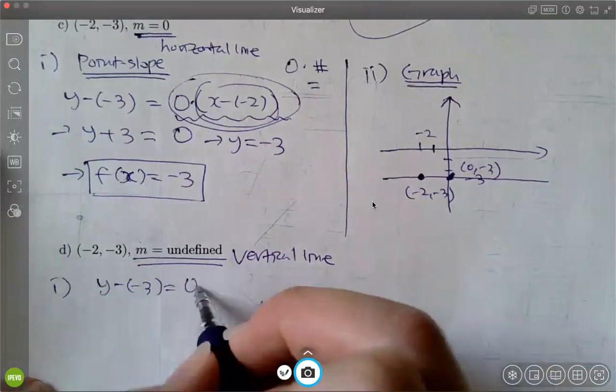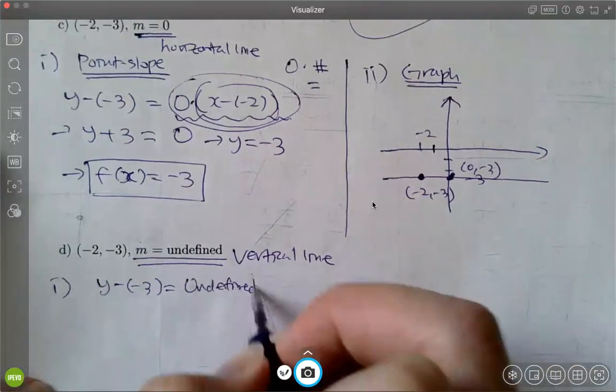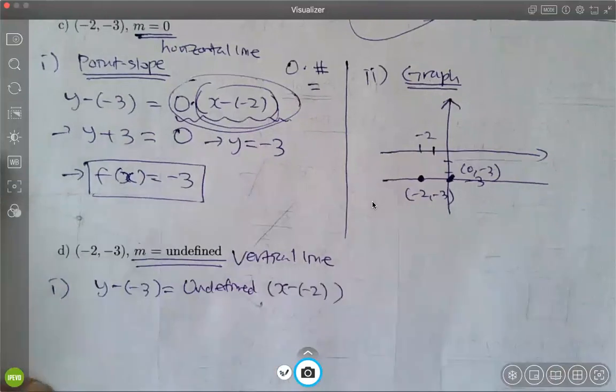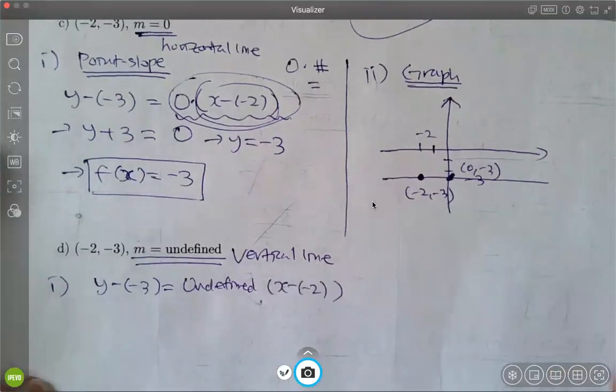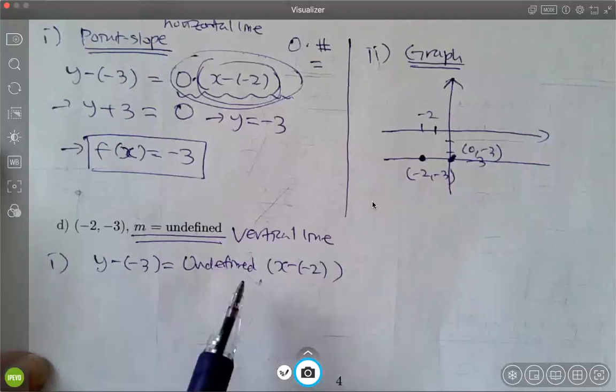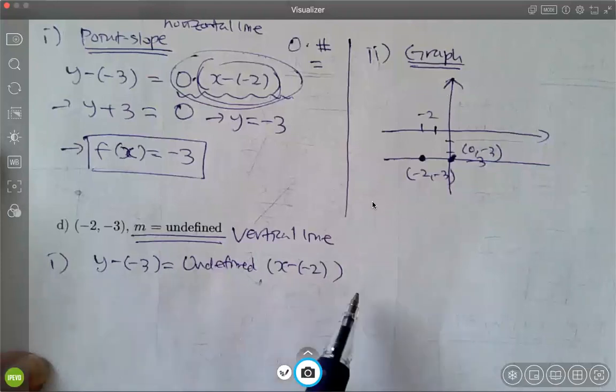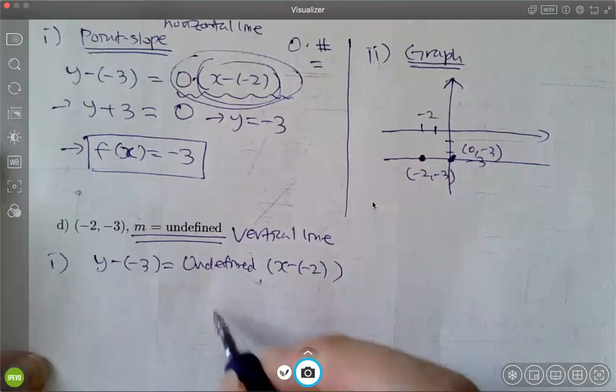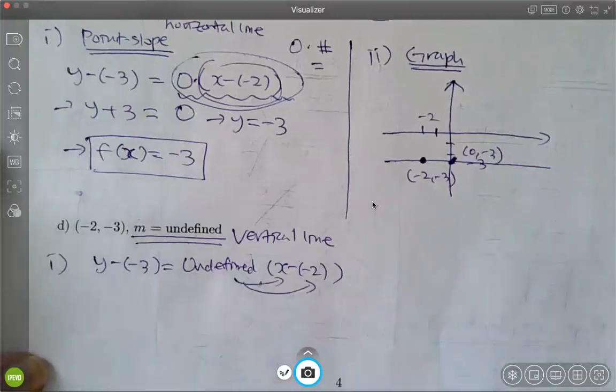So it's undefined times x minus -2. So y plus 3 is equal to undefined times x plus 2. So you distribute the undefined.